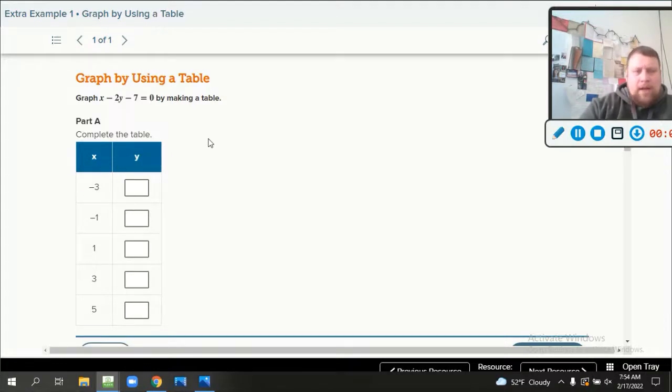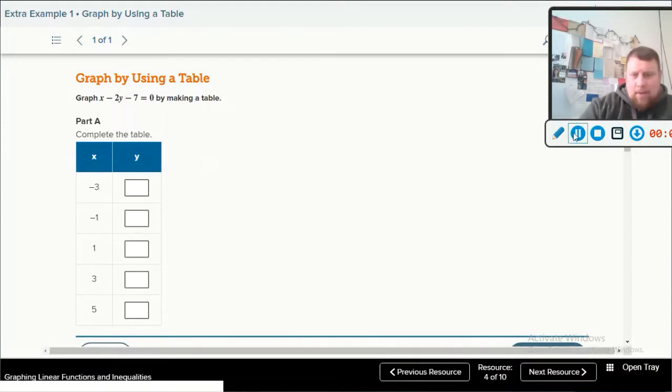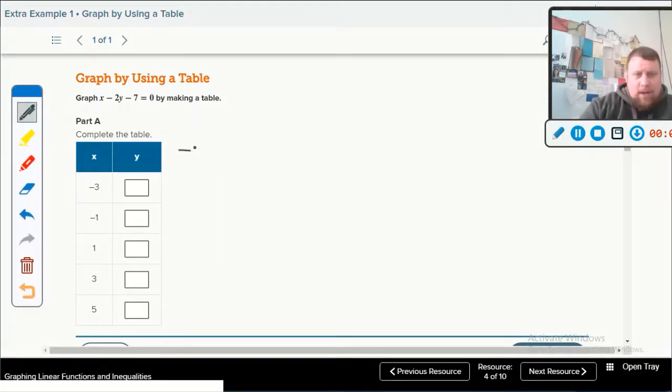So we're going to plug in -3 for x. And so for x minus 2y minus 7 equals 0, I'm going to get -3 minus 2y minus 7 equals 0. Okay, I can combine the -3 and -7. I get minus 2y minus 10 equals 0.